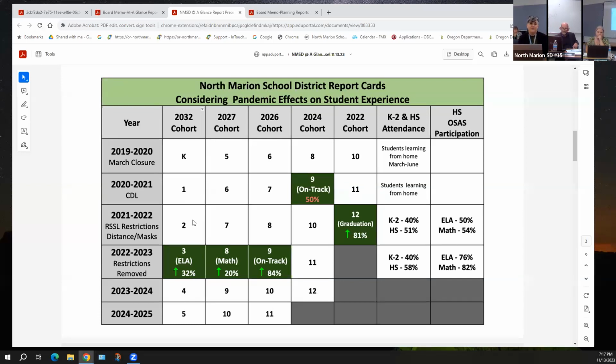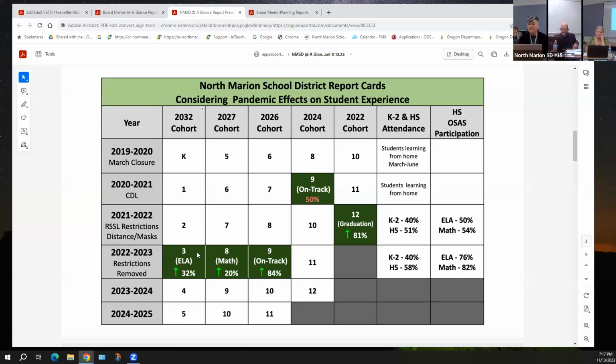Their second grade year is when we came back and we had a lot of attendance issues because we were sending everyone home that had even a sniffle or a cough, and telling people to stay home if they felt sick at all. And then last year, they took the test for the very first time. And we were actually really pleased. We saw some growth over previous years, but we know that that growth is still impacted by that former information.